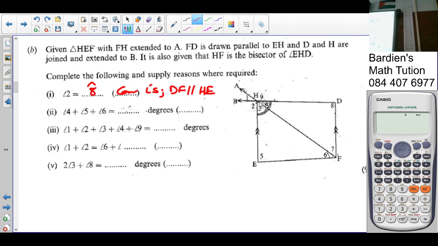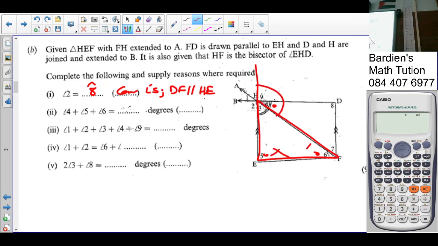People, angle 4, 5 and 6 is equal to the sum thereof. Angle 4, 5 and 6. They add up to what? 180. Why? Exterior angle of triangle, you all agree with that? No. If you're going with exterior angle, that line must be extended.